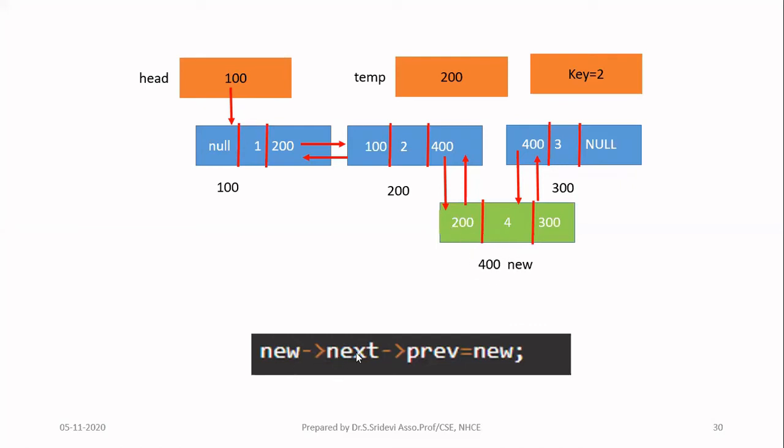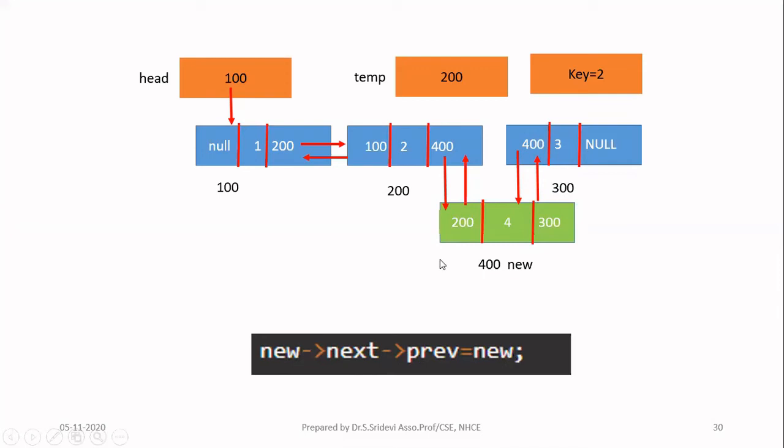New arrow next means go to the next field of new, that is nothing but 300. So go to 300. In 300, the previous field, that is this field, here you are storing this 400. So I am writing new arrow next arrow previous is equal to new.